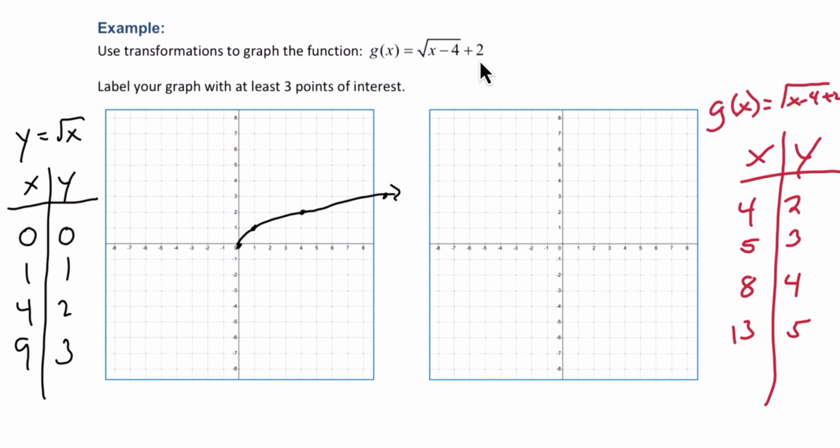So we have 4, 2, 5, 3, and then 8, 4. And notice what's happened. This black graph has been shifted up 2 units and right 4. Up 2, right 4.